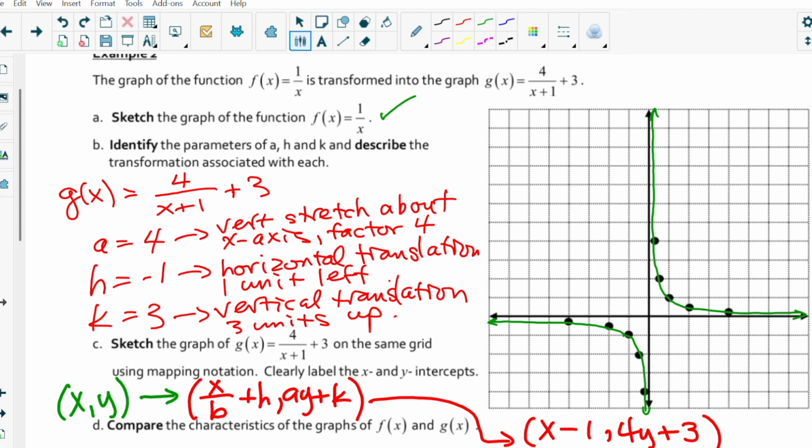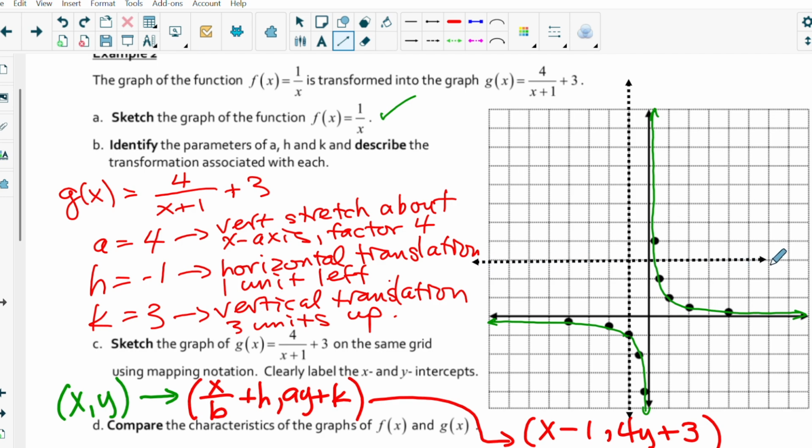Right away, what I'm going to use as a guide, so when I'm graphing these rational functions, it helps when I sketch in the asymptotes first. So I'm going to do that. So let's sketch in some asymptotes, double-ended arrow, there we go. Okay, and then my asymptote is h equals -1, so x equals -1 is my vertical asymptote, that's one of them, and then k equals 3, so y equals 3 is my horizontal asymptote right there.